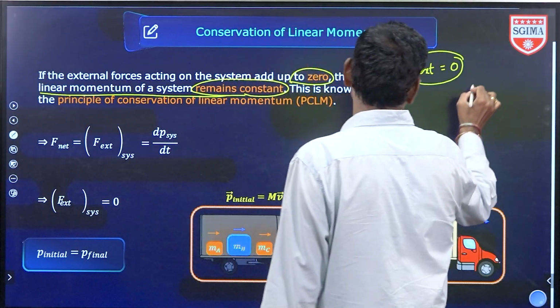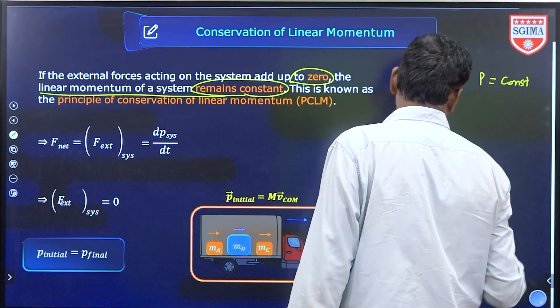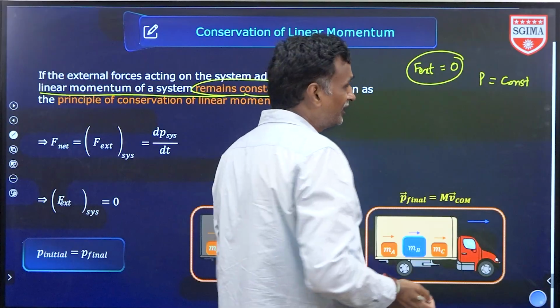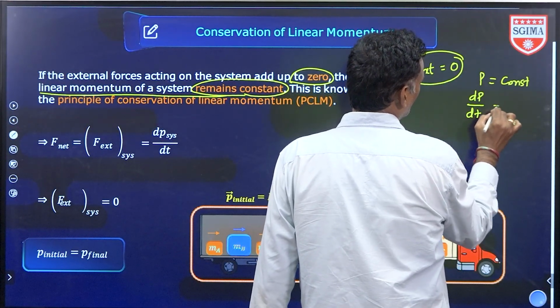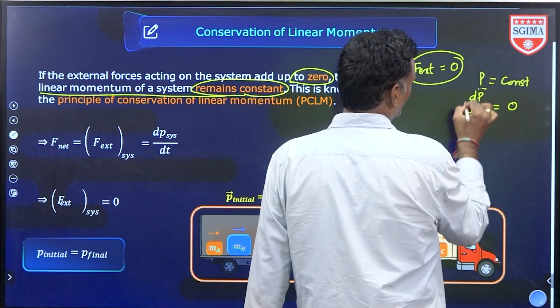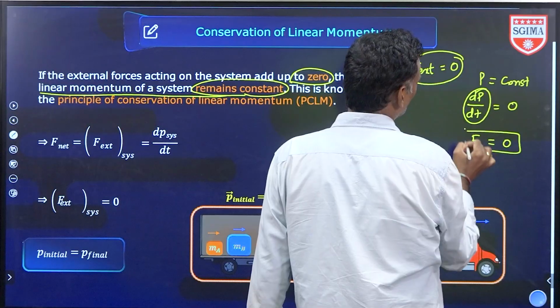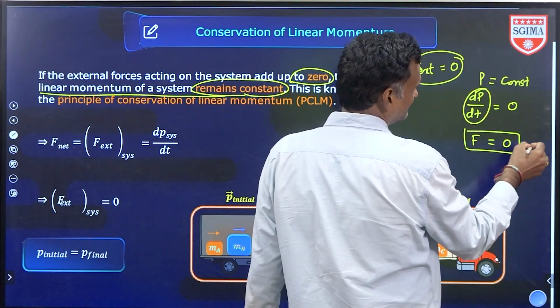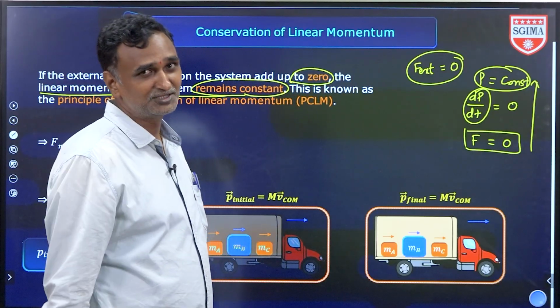So you can solve with the reverse concept. If I take momentum as constant, I need to differentiate: dp by dt. The differentiation of a constant is 0. dp by dt means force, so force is 0. The force acting on the system is 0, which explains that the momentum of the system remains constant.